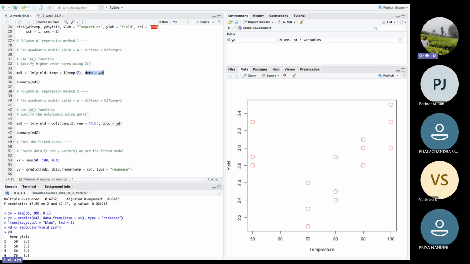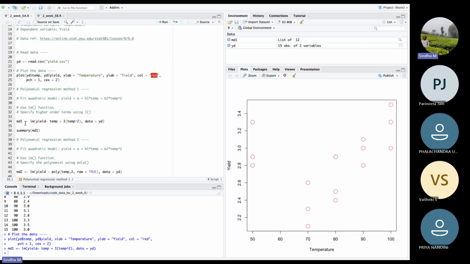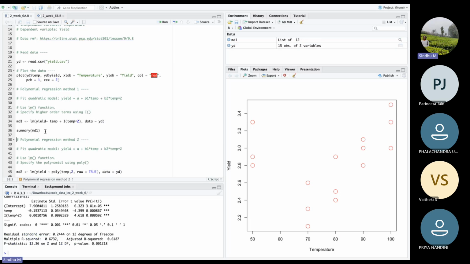And as usual, we have to specify which data the model has to fit. So that is this YD data set that we have read here. So if we do this, it will fit it. And now if we do summary, we will get the different parameters that we have got.